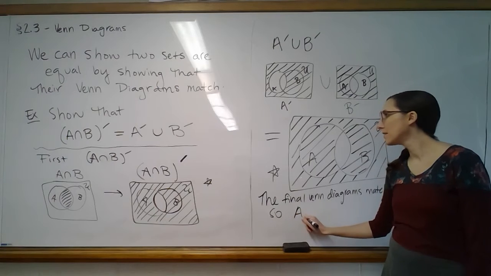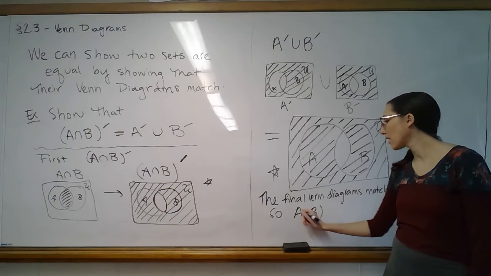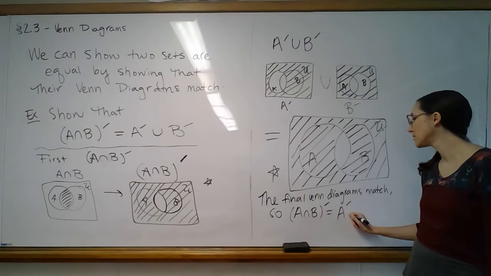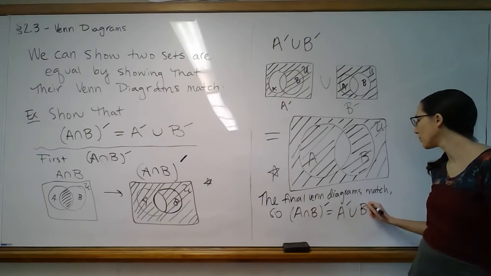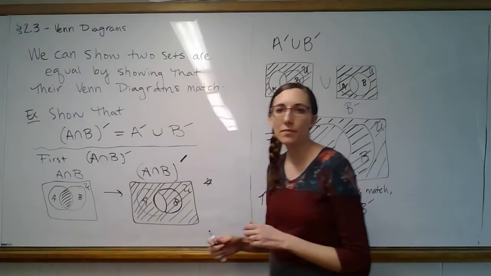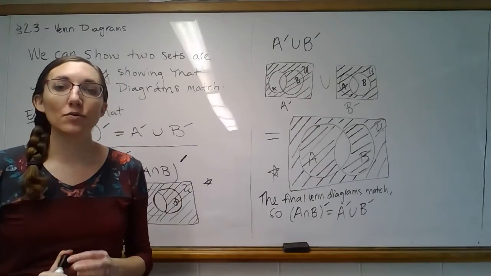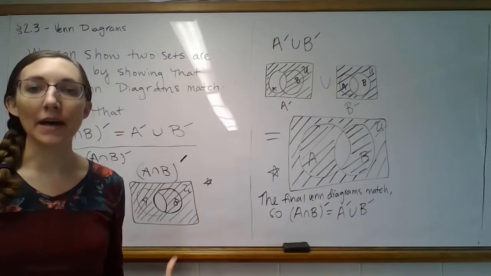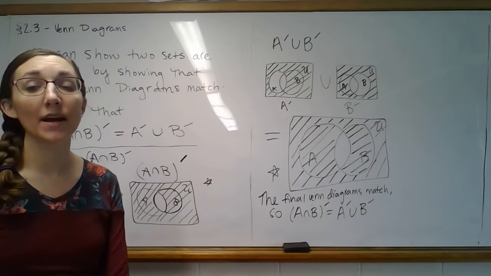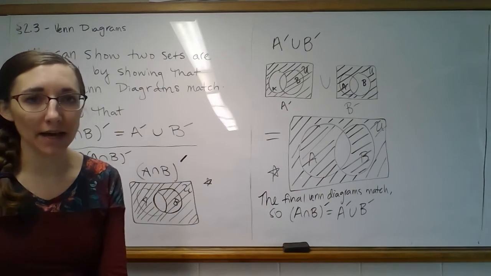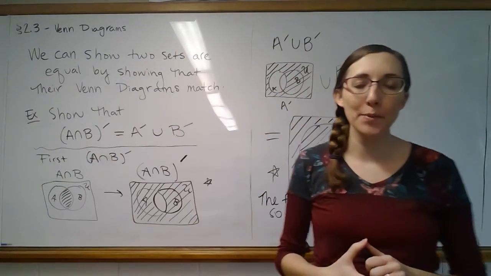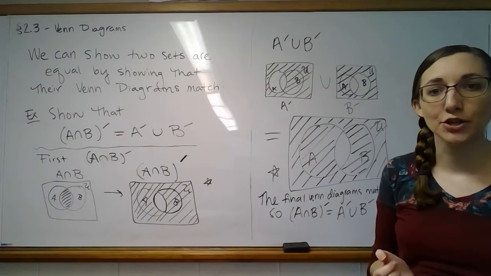So (A intersect B) complement equals A complement union B complement. If you happen to get something where they don't match, then that would be when you would determine that they're not equal as sets. So that's one of our really nice applications of Venn diagrams that we can use.